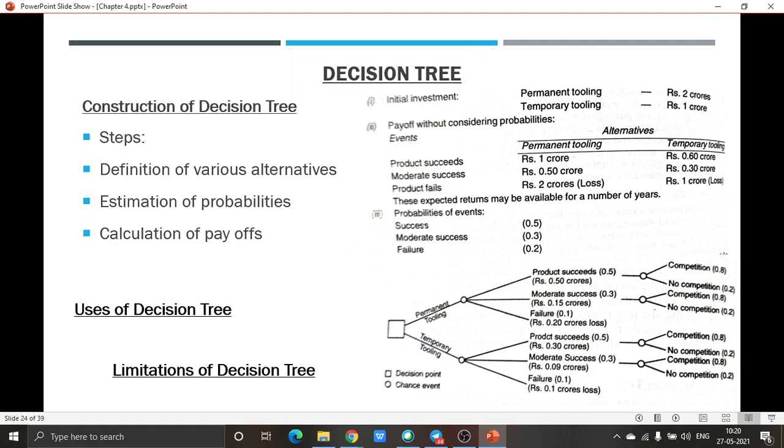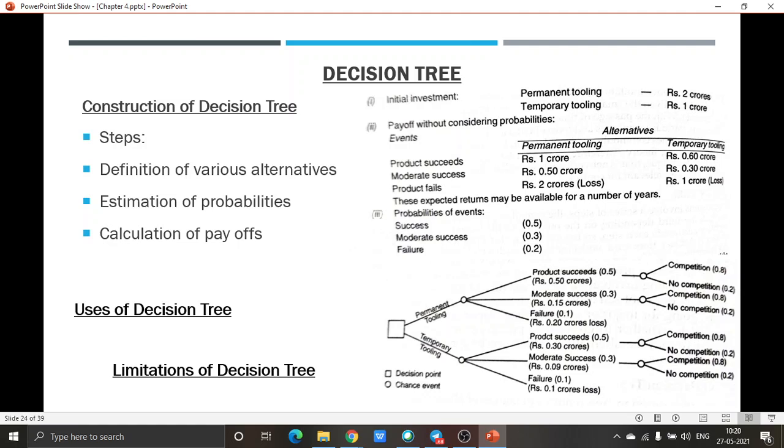Now the decision tree is the figure that is there below, in the bottom right hand side corner, and the table is in the upper right hand side corner. Now the same steps can be repeated for further alternatives and events.